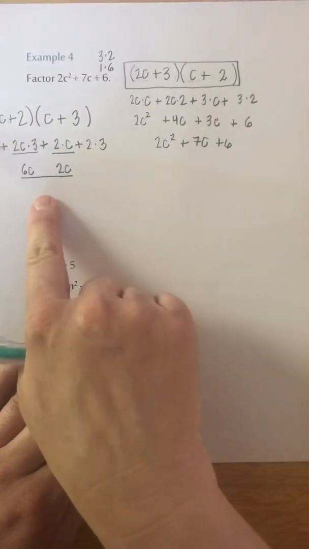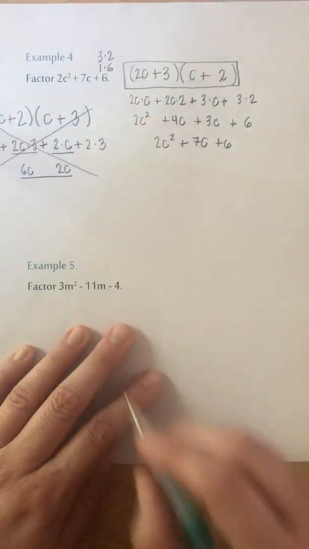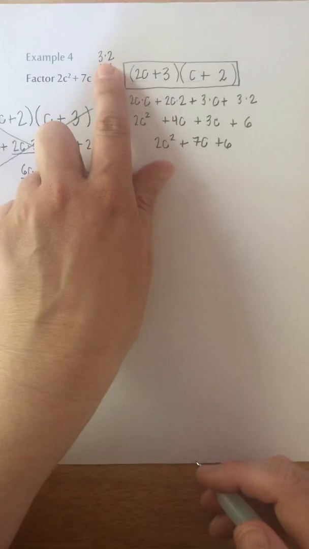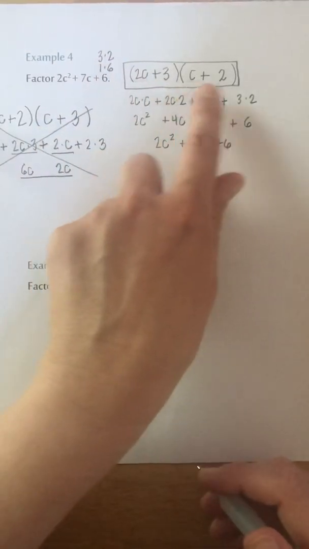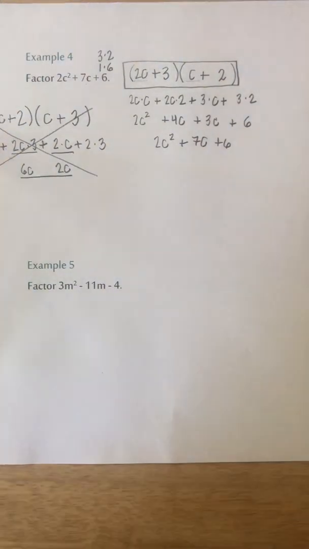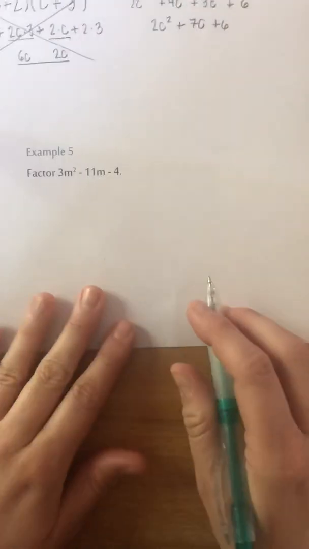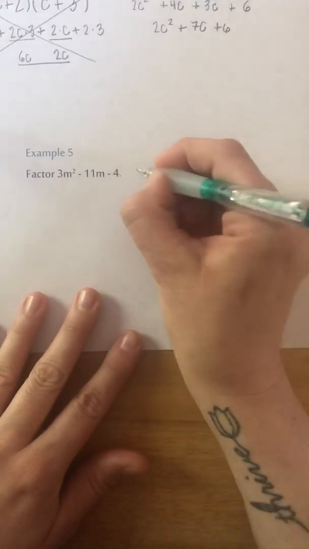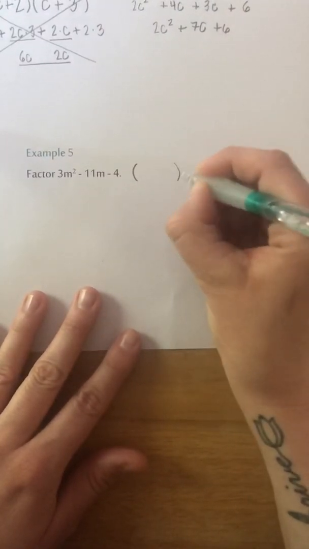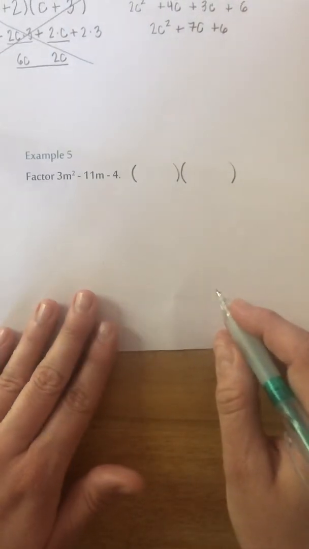We see that right here, this would not have worked. So sometimes if you try numbers, and let's say they don't work at first, you might need to flip them around and try them that way for it to work. So again, this is just guessing and checking until we get the right answer. All right, example 5. We have some minuses, so this might take a little bit more work on our part. So sometimes you just have to be patient, okay?